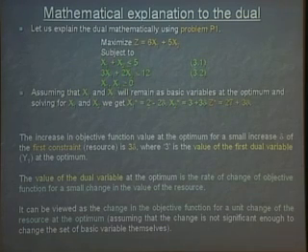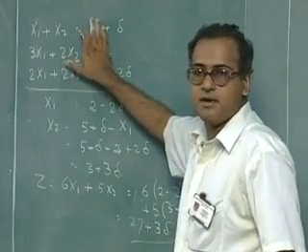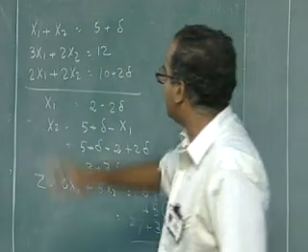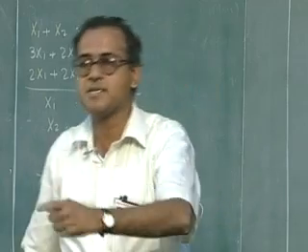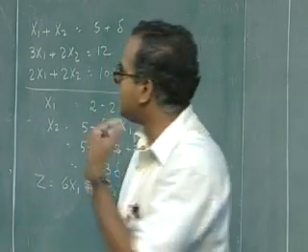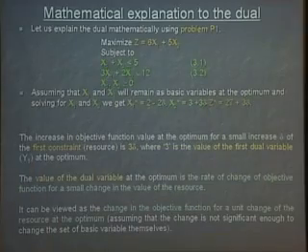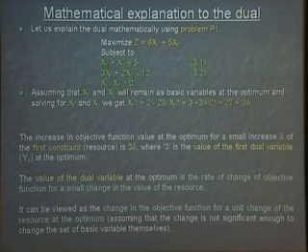And how are we ensuring this at the optimum in this calculation? We are ensuring it by assuming that x1 and x2 will be the basic variables. So the optimum basis will remain intact. So at the optimum, for a small increase of delta of the first constraint, the actual value in the objective function is 3 delta, where 3 is the value of the first dual variable at the optimum.